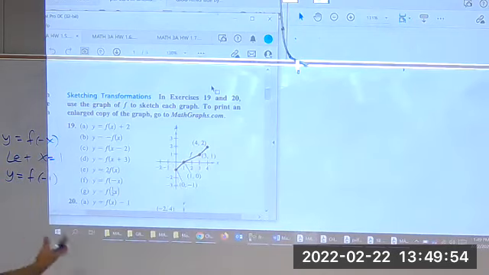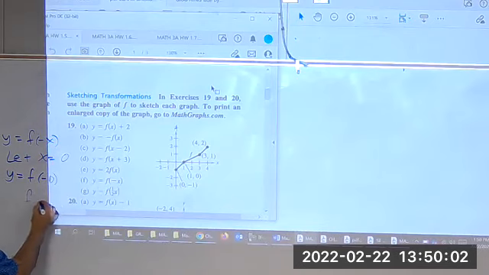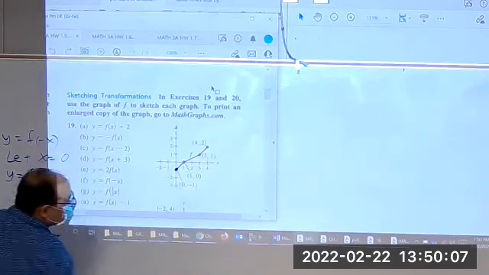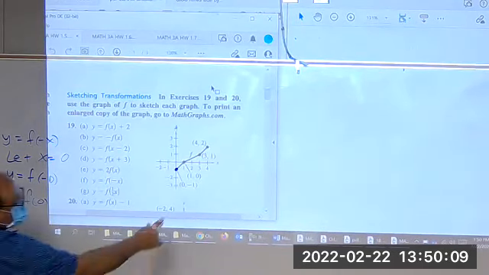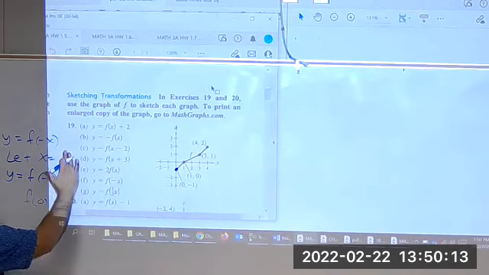So the only thing you can take of, well, 0, f of negative 0 is still f of 0. So when 0 goes in, we still get negative 1. But the only thing you can do now is take a positive 1. To get a positive 1, you would have to let x equal a negative 1.